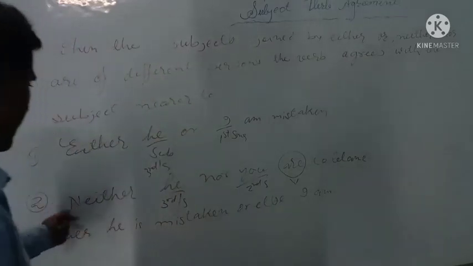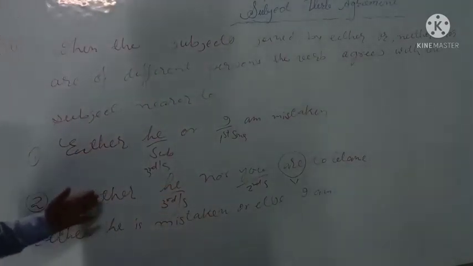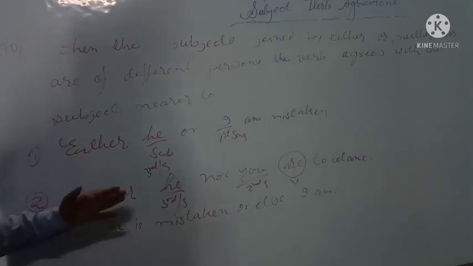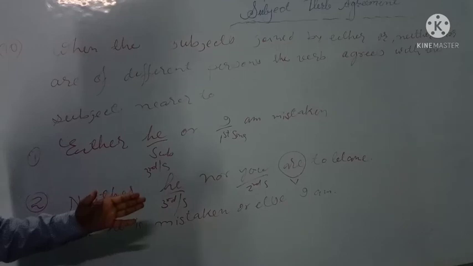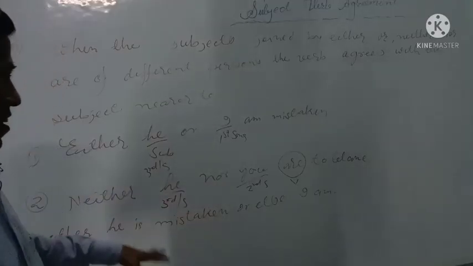Similarly, for the second sentence, neither he nor you are to blame, you can write, neither he is to blame nor you are. That is the standard construction.